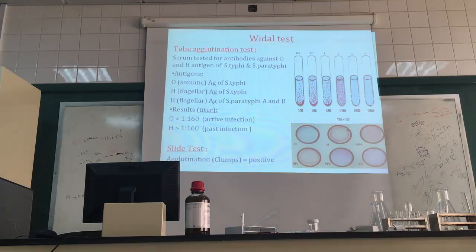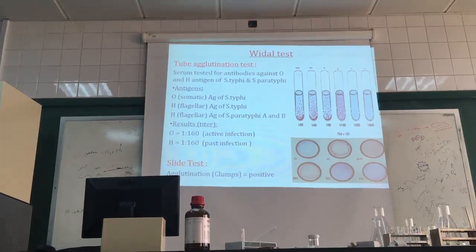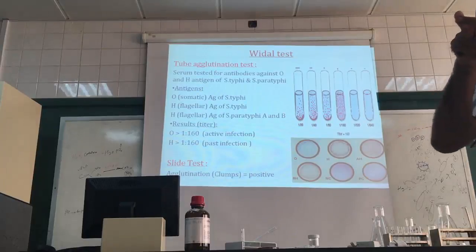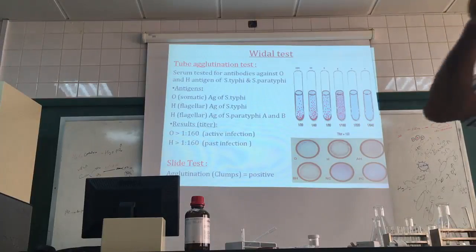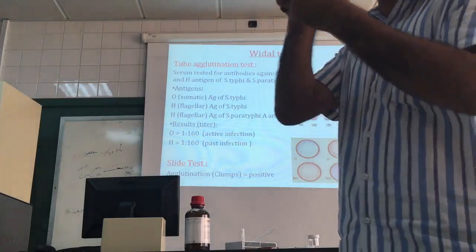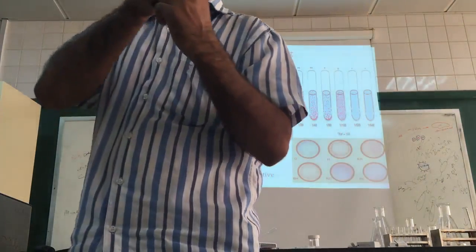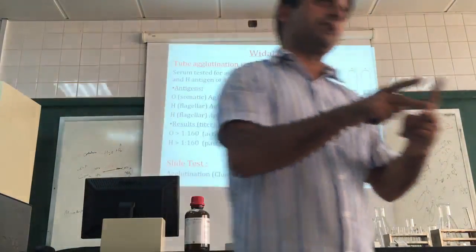You got my question, what I want to say? If Salmonella, you had a lecture, Salmonella typhi and Salmonella paratyphi, both species or strains, whatever you would like to say, have O antigen and H antigen. O for somatic body, H for flagella.